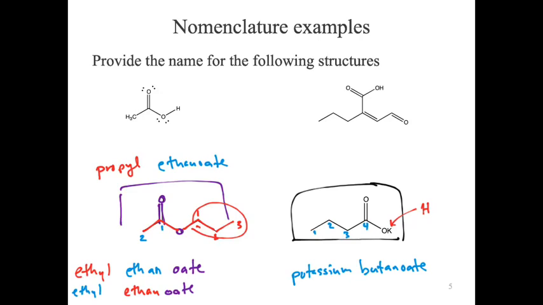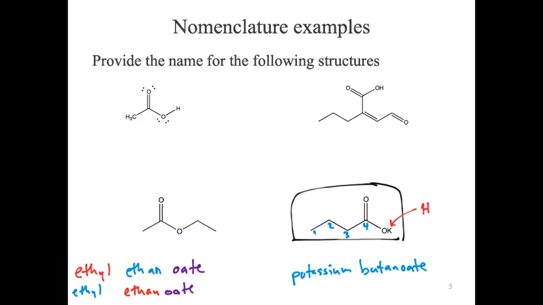So let's double back to our ethyl ethanoate. Because if you reference that compound as ethyl ethanoate, you're going to get weird looks. Most organic chemists do not refer to that as ethyl ethanoate. What do they refer to it as?